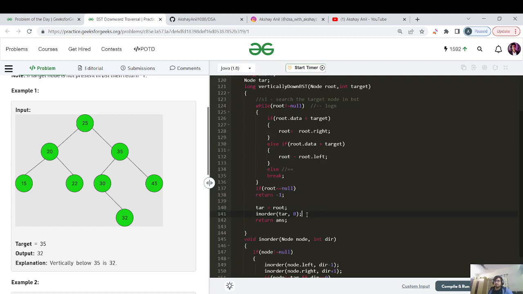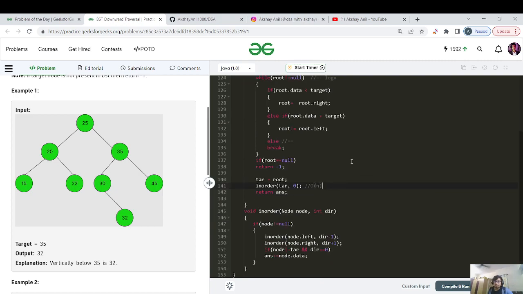And step two was to maintain a direction whenever you move right or left. Since we moved in in-order traversal, we processed each and every node, and just at the direction of 0 we had this as our answer, right? Since we have moved through each and every node, it will be O of n.